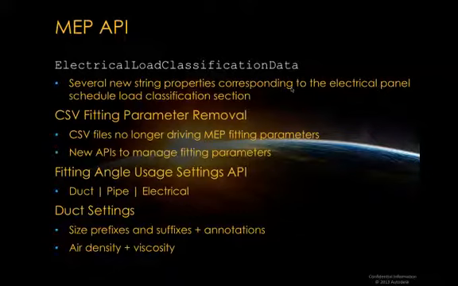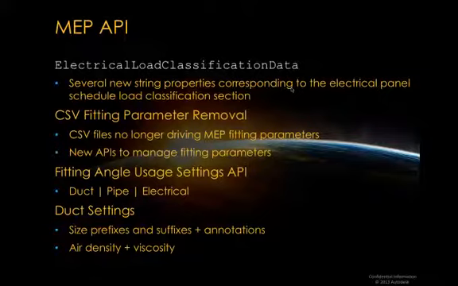Instead, the fitting parameters are now managed through new APIs. There's a fitting angle usage settings API applying to ducts, piping, and electrical systems. The duct settings provide access to size prefixes, suffixes, and annotations, and we have added air density and viscosity as a new analytical property.